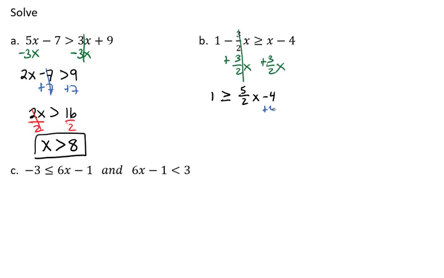Then we'll add 4 to both sides, which gives us 5 is greater than or equal to 5 over 2x.